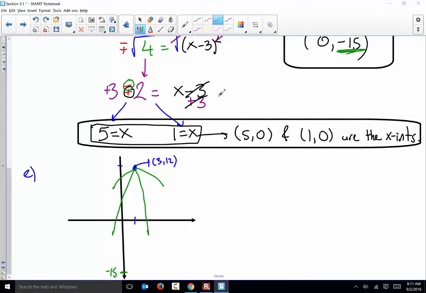How about the x-axis? You need to cross the x-axis at 5 and 1. So let's mark this. This is 5 and this is 1 and this is minus 15. X-intercepts, y-intercept. Those three are the locations I'm going to mark.